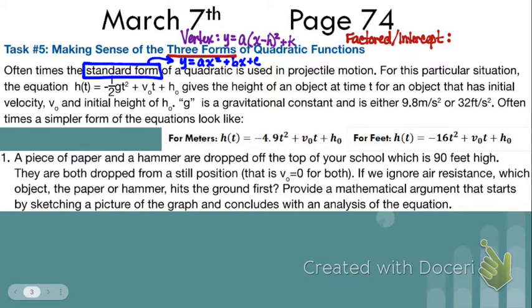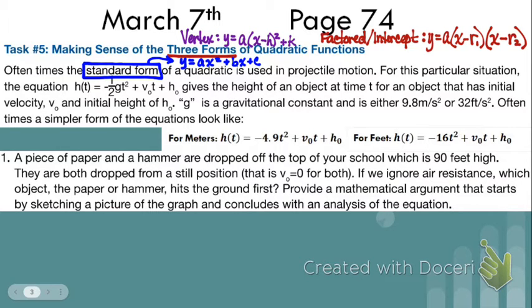Does that ring a bell at all? Okay. Intercept form, you're going to have y equals a times x minus r1 times x minus r2. And r1 and r2 are just the two different roots, the two different x-intercepts.